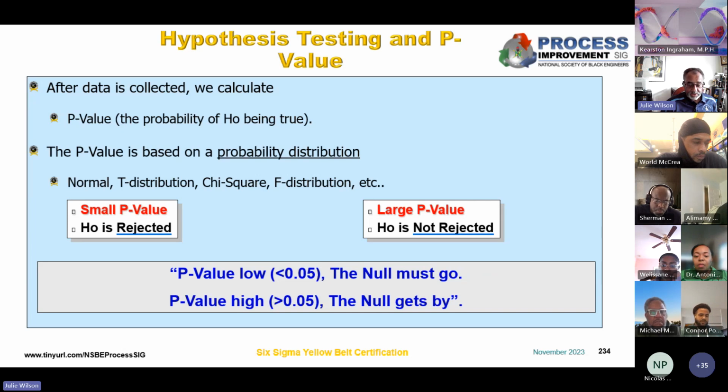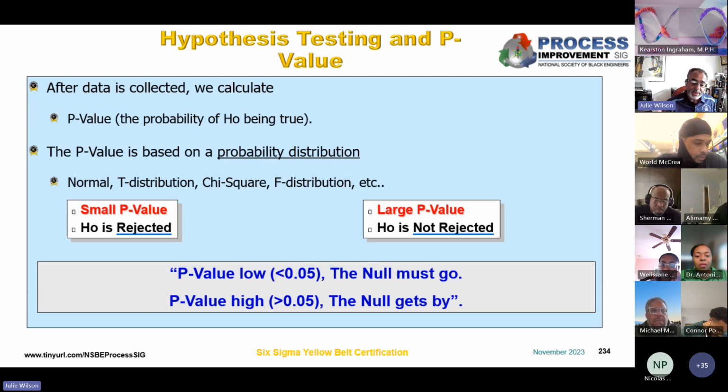It's possible that if you had more data, you would be able to draw that conclusion. But what it's saying is you don't have enough data to prove, or you were unable to prove that temperature makes a difference with the data that you have. So it doesn't mean that temperature doesn't make a difference. It just means that you weren't able to prove it.